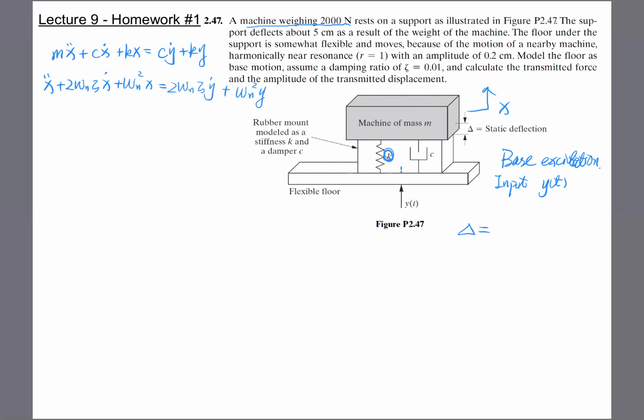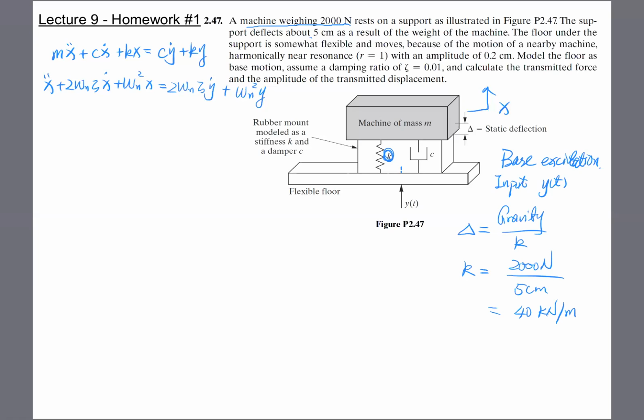That's why the gravity divided by the stiffness is the static deflection. So we can get the K value as 2,000 Newton divided by the deflection, which is 5 centimeter. That gives you 40 kN per meter. So from here we get the stiffness of your support, which is the K value.